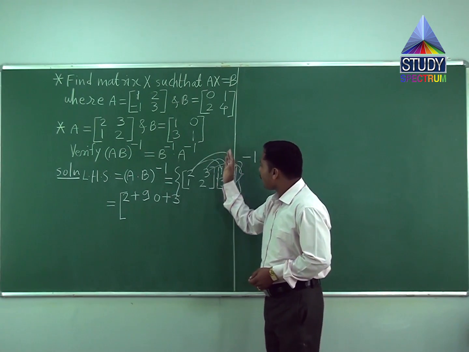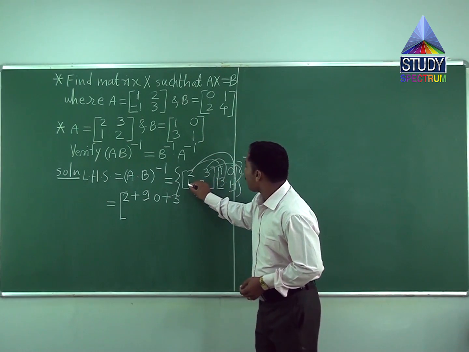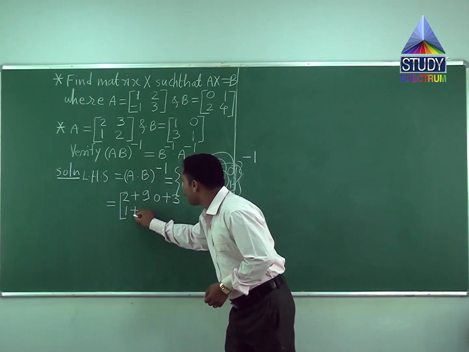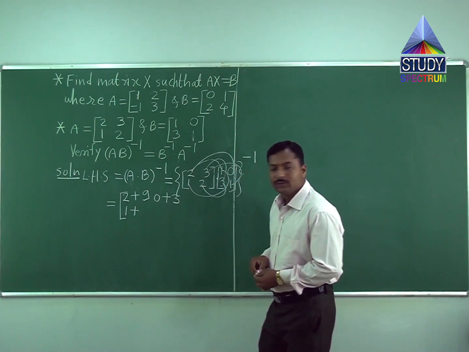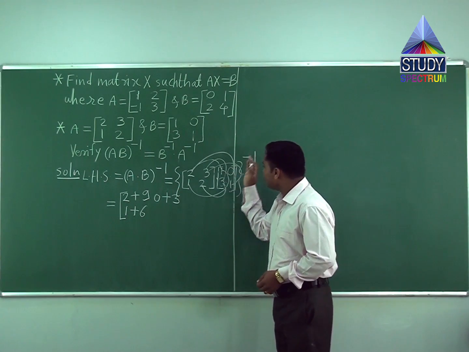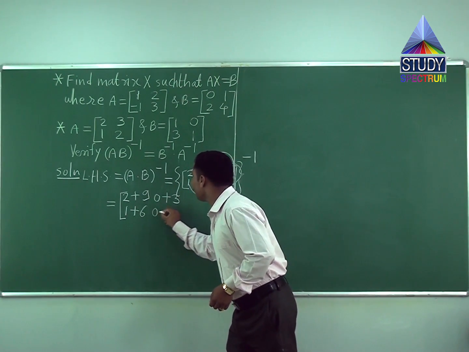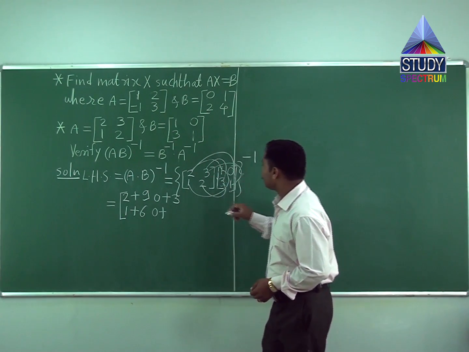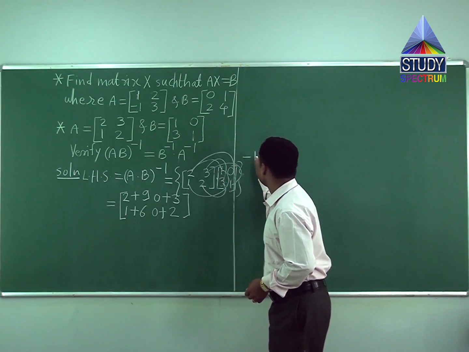Again the same for the second row. Second row, first column: 1 into 1, plus 2 into 3, 6. Second row, second column: 1 into 0, 0, plus 2 into 1, 2, and its inverse.